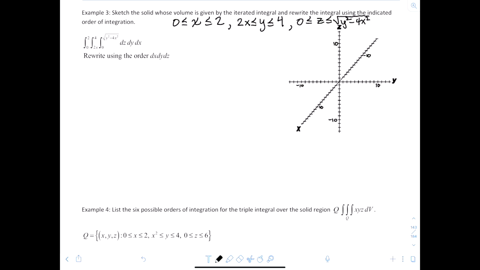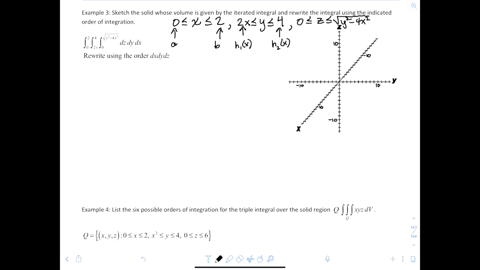Cool so far? So just as an identifier, the way these are right now in our rule for the triple integrals, the 0 is our A, and the 2 is our B. Cool so far? The 2x is our h1 of x, and the 4 is our h2 of x.